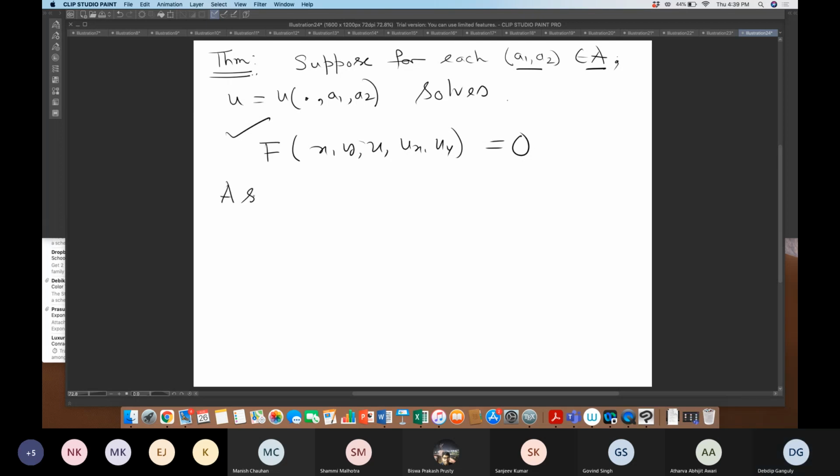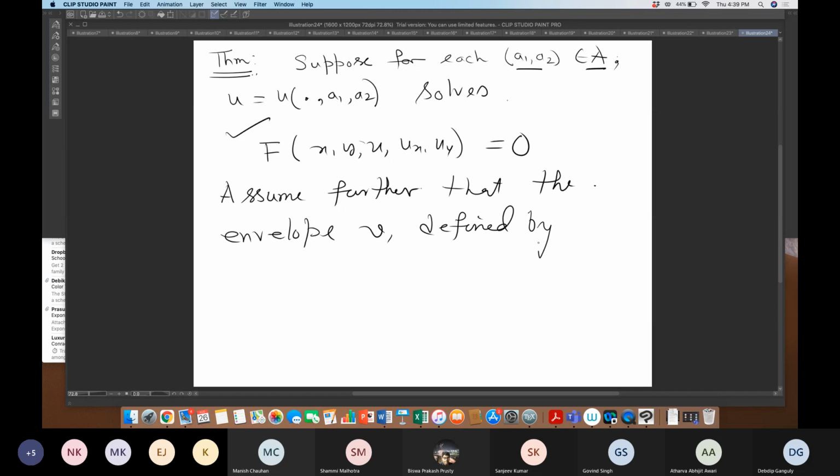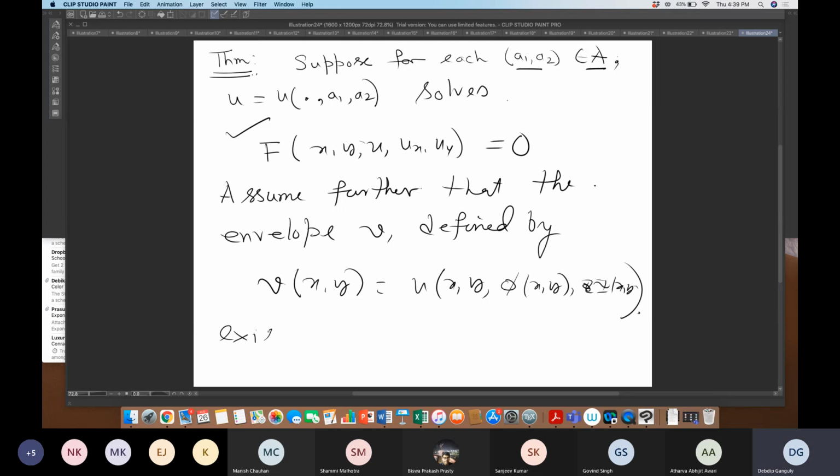Assume further that the envelope is defined by v(x, y) equal to u(x, y, phi(x, y), psi(x, y)), and of course it satisfies the equation and exists as a C1 function.